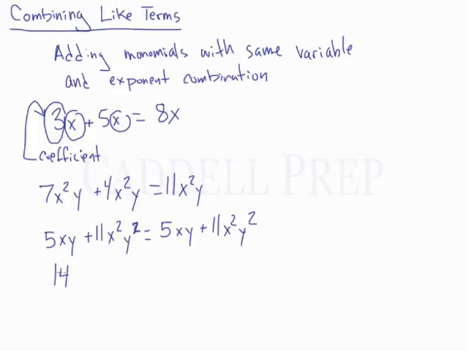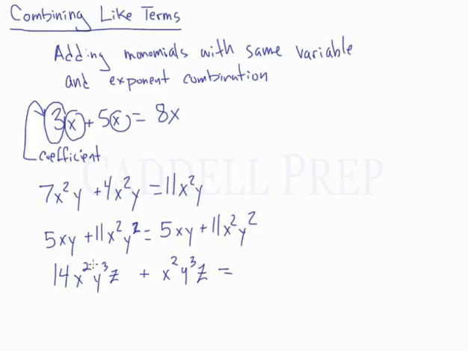So we got one more, 14 x squared y cubed z plus x squared y cubed z. These are like terms. We don't see a number here, so we might want to write 14 x squared y cubed z, but that's not correct. Same thing.